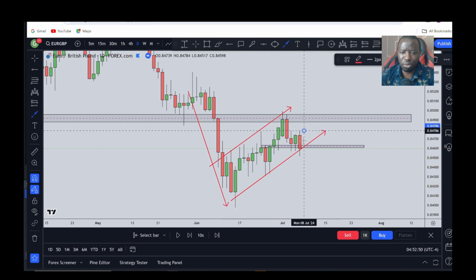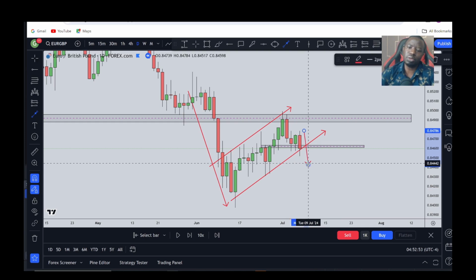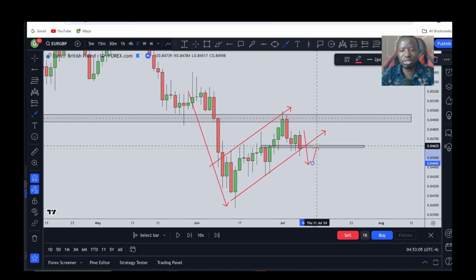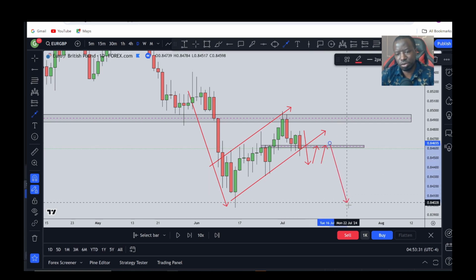And so a break out of it would add more confluences to price further dropping, or to our bearish bias, and so we would expect price to break below this, come retest this area, confirm to us that the break is not fake or that it's not a false break. And so after the retest of this, should it confirm to us that the break is for real, then you would look to take sales to the downside.